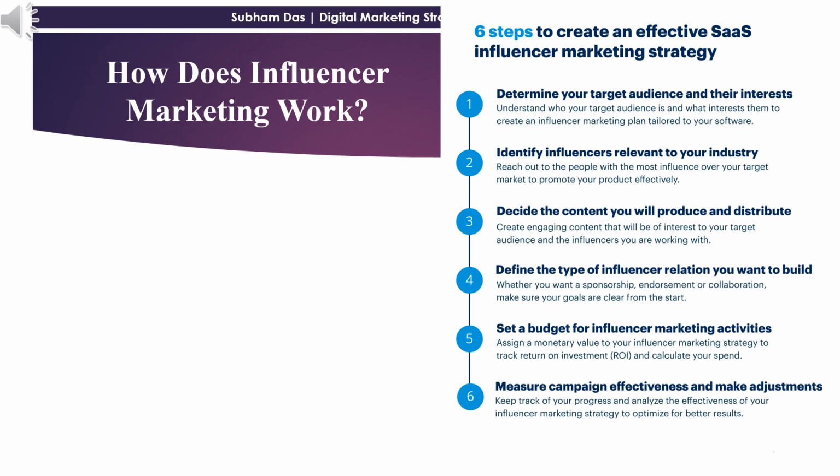Now the fourth step is to define the type of influencer relation that you want to build. Define the role of your influencer. Define whether that would be a sponsorship, whether that would be an advertisement, whether it will lead through content marketing. So define the role of your influencers and the type of influencer that you want to engage.